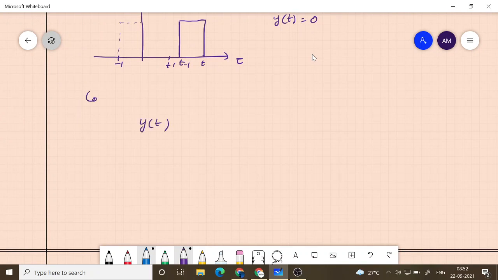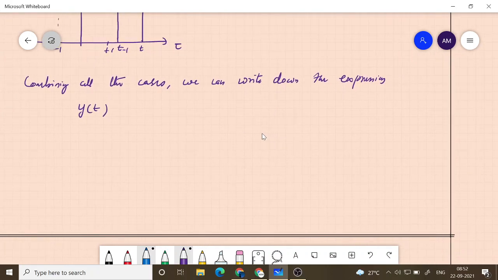So combining all the cases, we can write down the expression for x1 of t convolution x2 of t, which is what I call y of t.